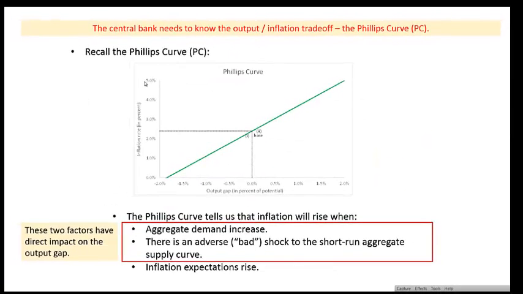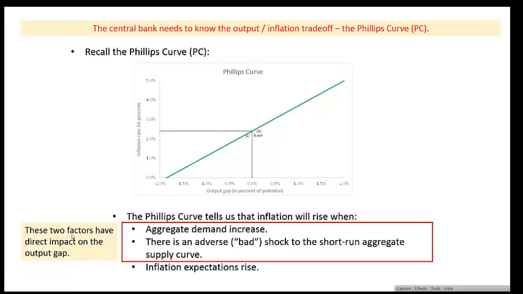The other thing that the central bank needs to be keenly aware of is why the output gap has changed. Now, you remember that there are three factors. These two factors here, the aggregate demand could increase. If there's a shock to the aggregate supply curve, both of these factors will affect the output gap.